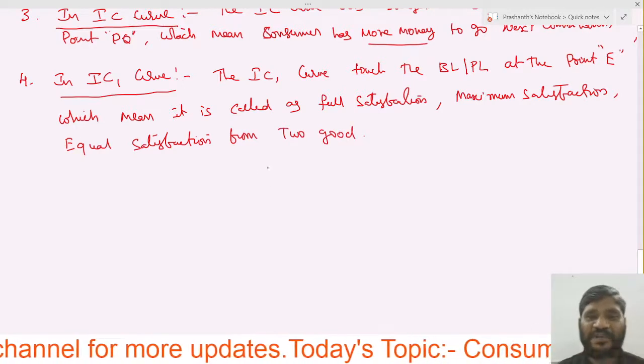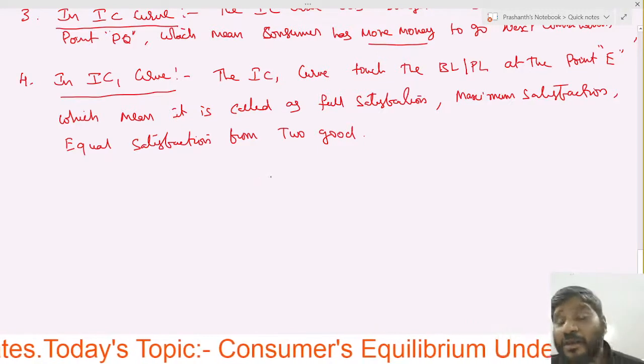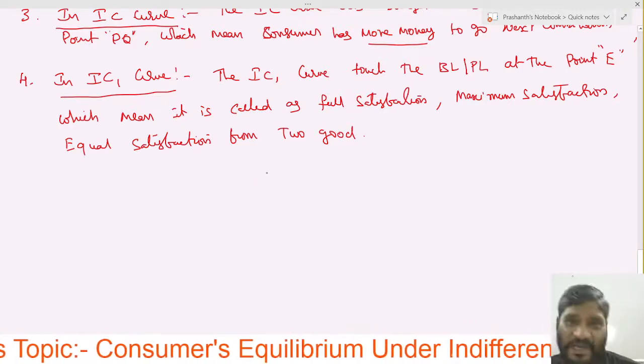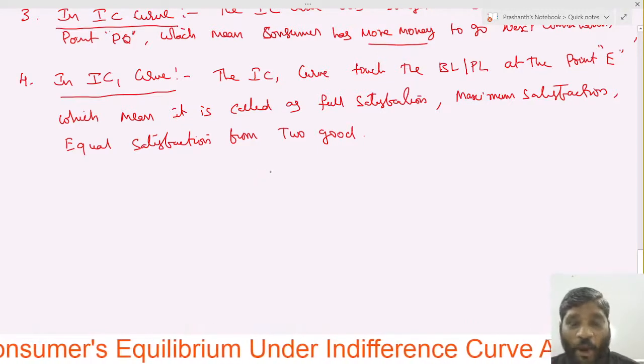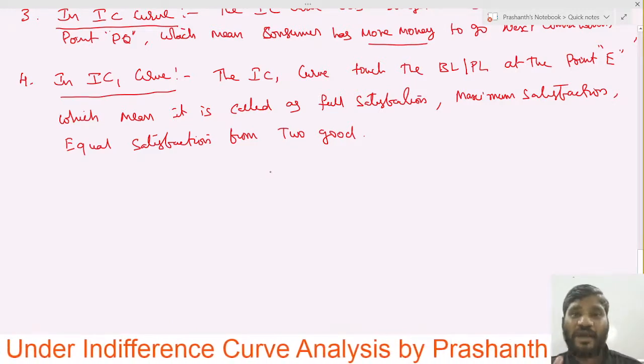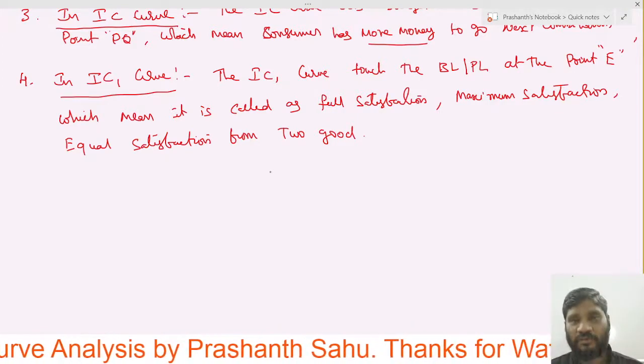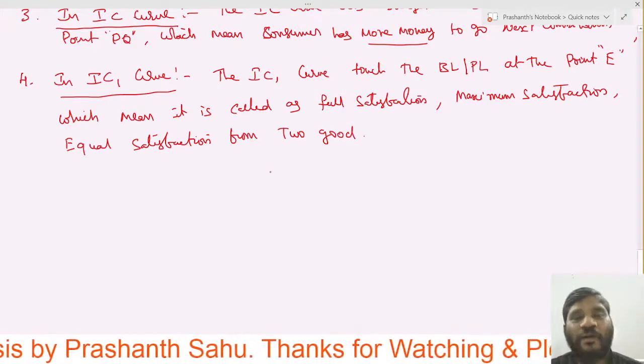If it touches, it means the consumer, according to that income, has got the full satisfaction with the help of two goods, X good and Y good.